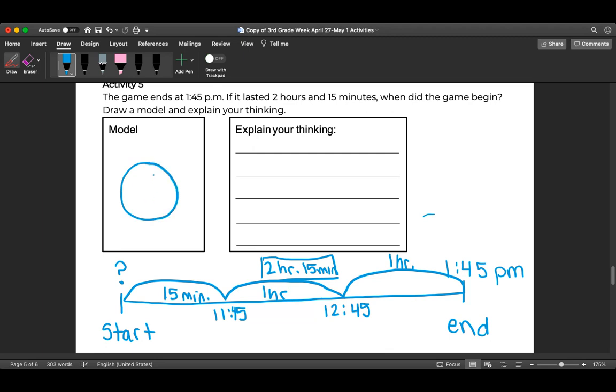And I'm going to make the clock, I'm just going to put 12, 1, 2, 3, 4, 5, 6, 7, 8, 9, 10, 11, 12.